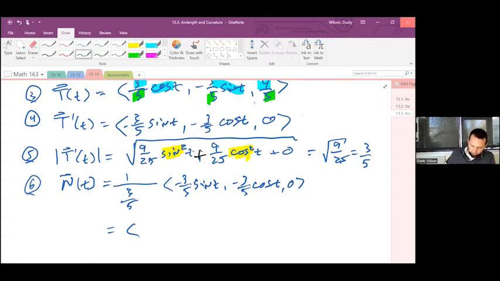So this is just (-sine t, -cosine t, 0).